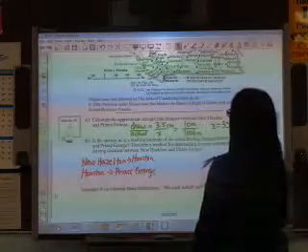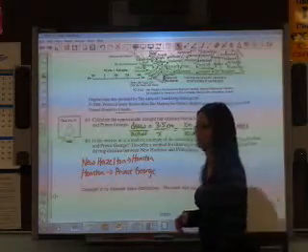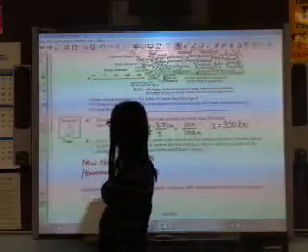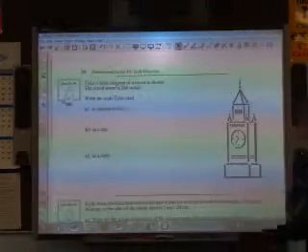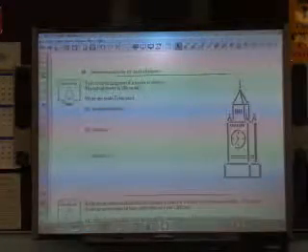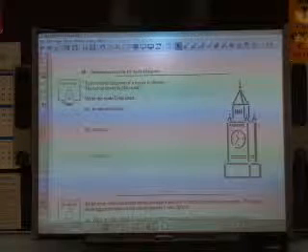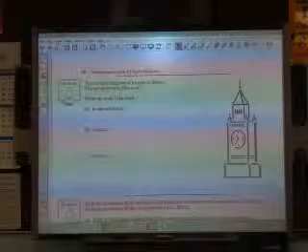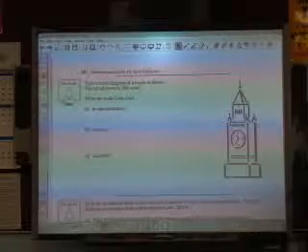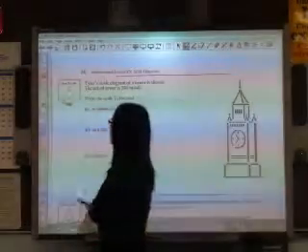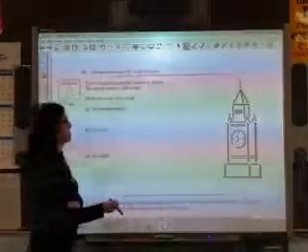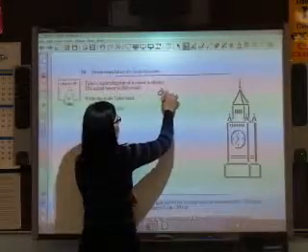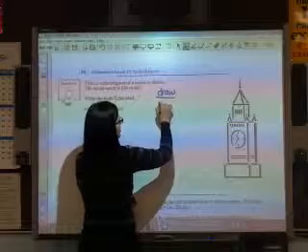Okay, a couple more examples on scale diagrams. Tyler's scale diagram of a tower is shown. The actual tower is 240 meters tall. So we're going to figure out the scale that he used. When you're doing scales, scales are always done the same way. Always the drawing to the actual.